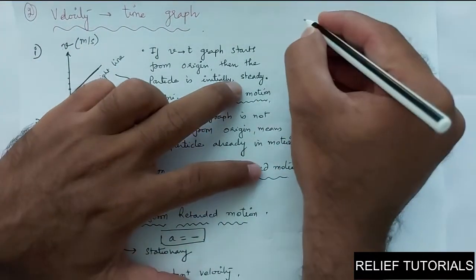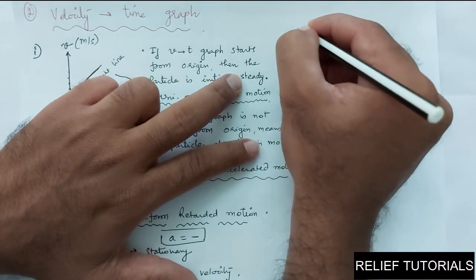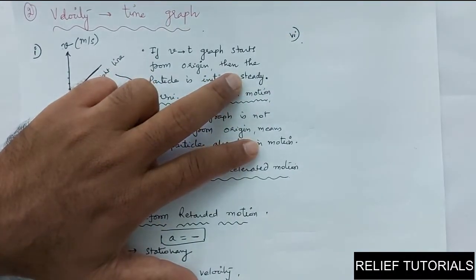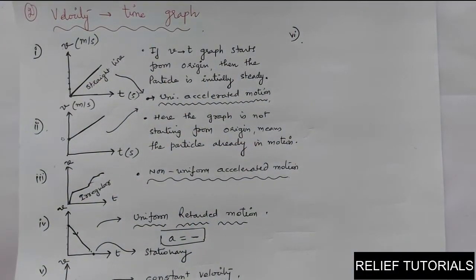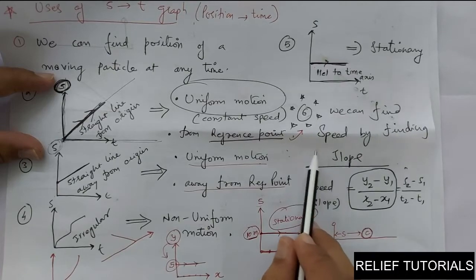Now we have the most important use, the 6th point. If you remember, by finding the slope in the case of the distance versus time graph, slope indicates speed.